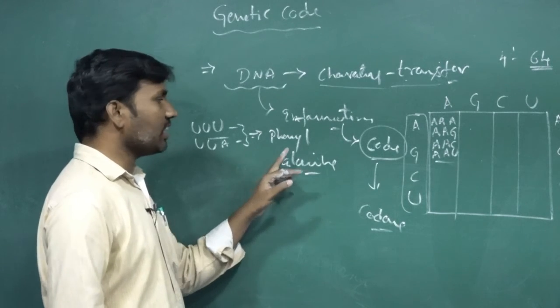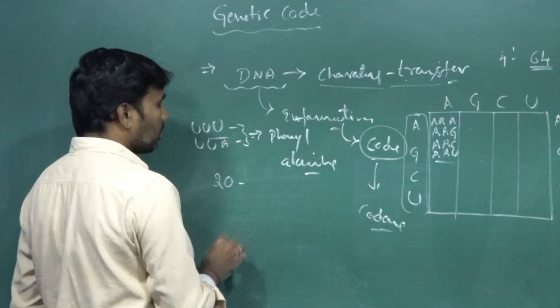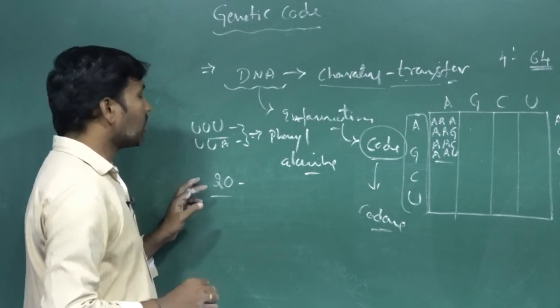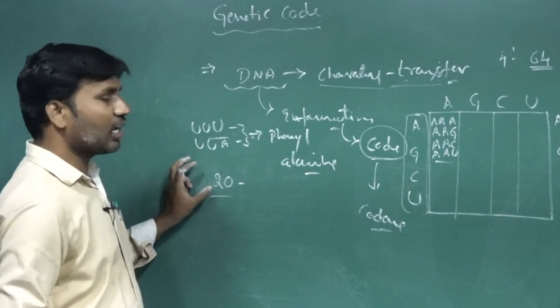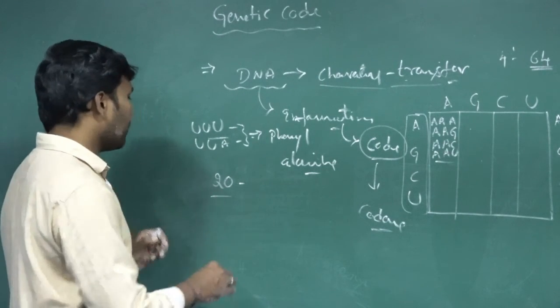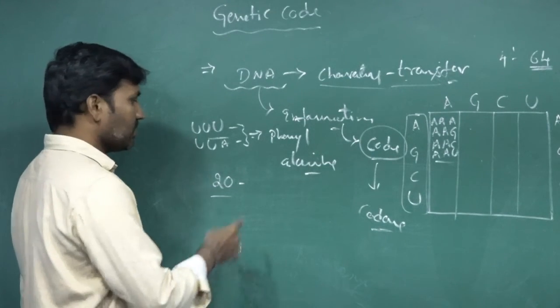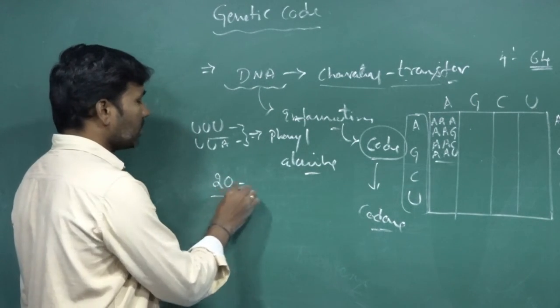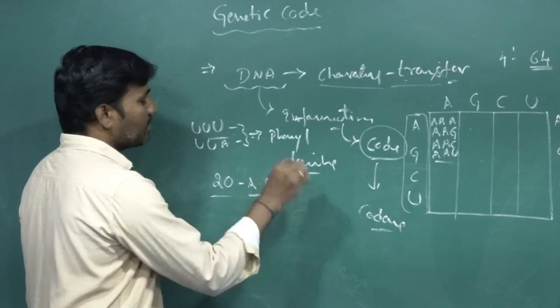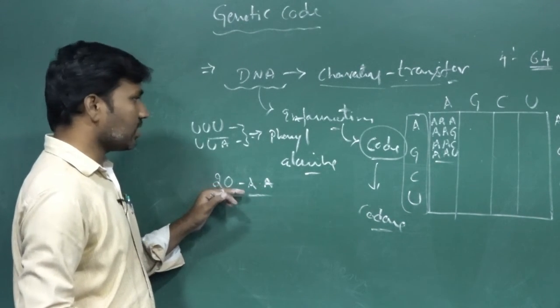It is specific for its own. Whether in prokaryotes or eukaryotes, almost all biological systems are more or less similar. With the help of these nucleotide sequences, these codons, they synthesize only 20 types of amino acids. The 20 different types of amino acids are synthesized.